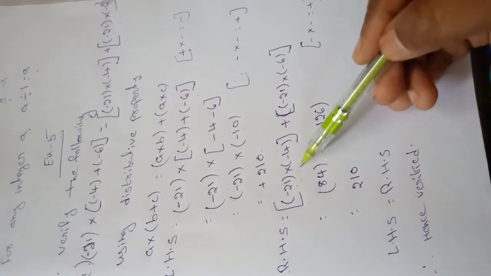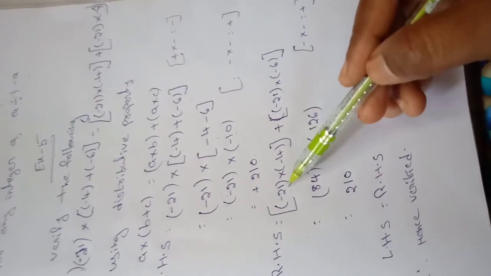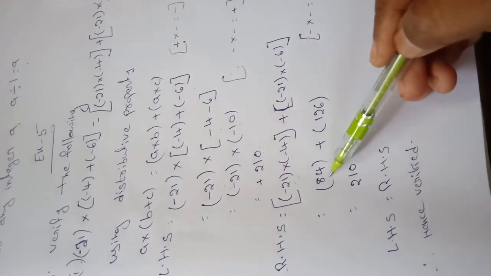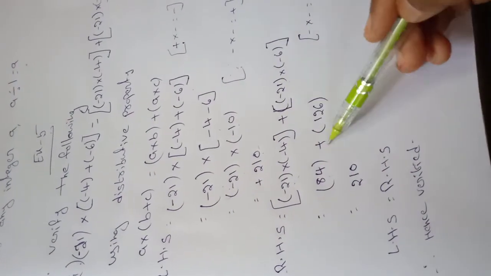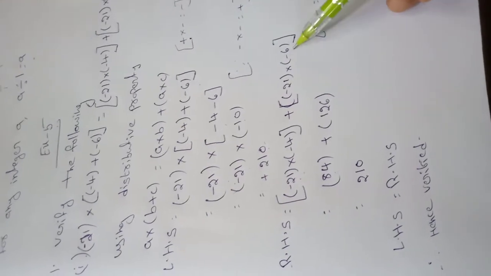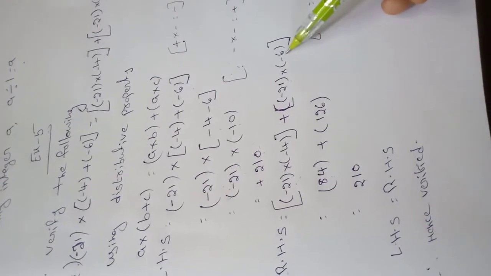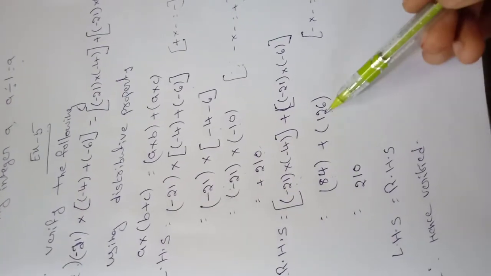Minus into minus is plus, 21 fours are 84. Then minus 21 into minus 6 is plus, 21 sixes are 126. So both are plus.